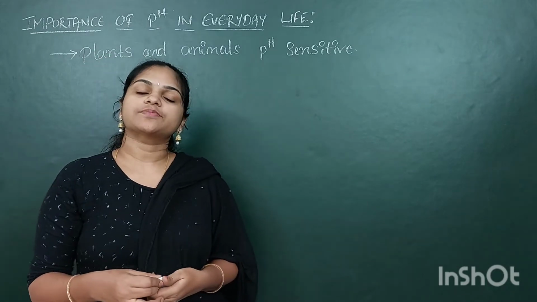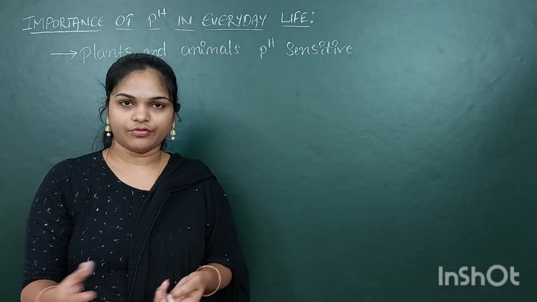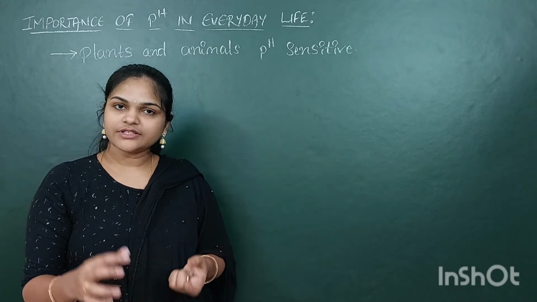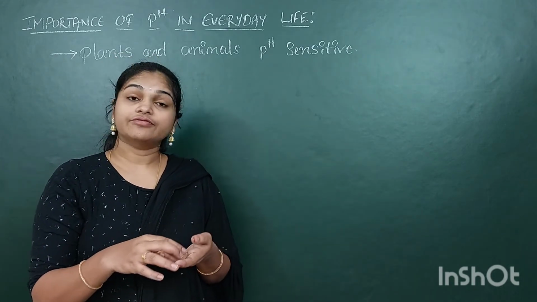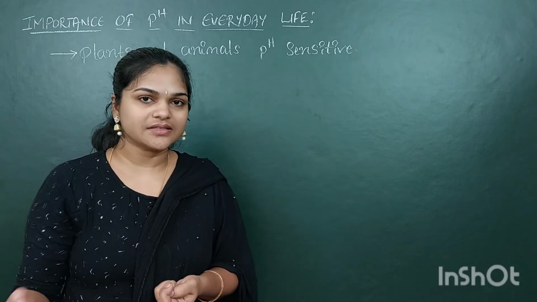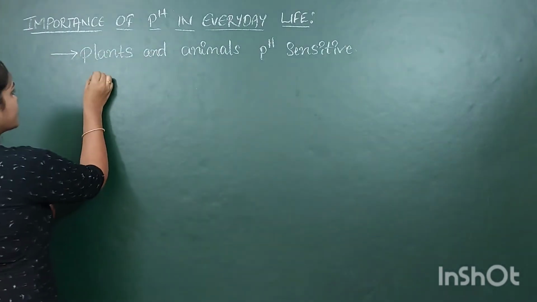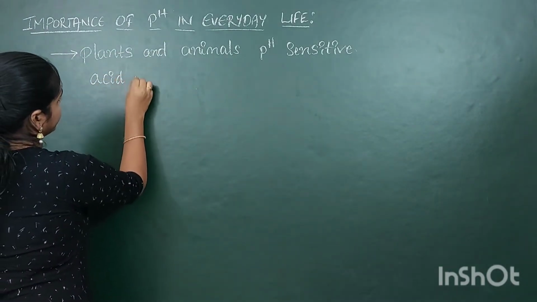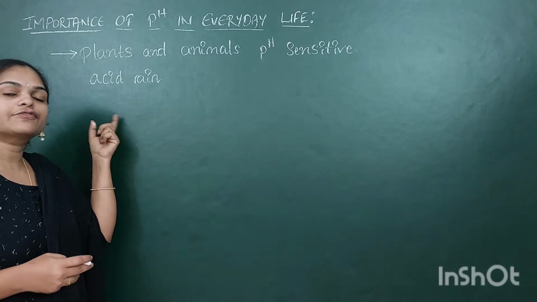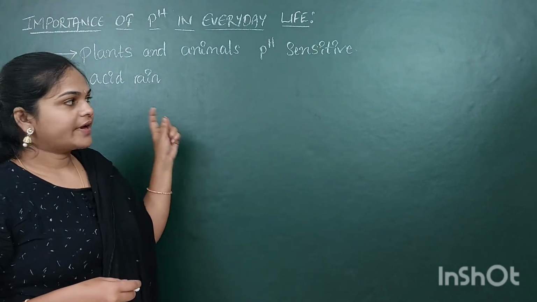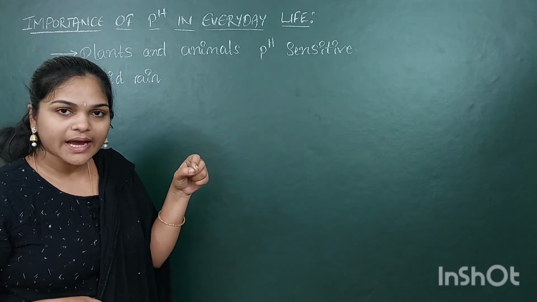Plants and animals being pH sensitive means, when we look at rainfall, if the rainfall's pH value decreases to less than 5.6, it causes acid rain. And if this acid rain water flows into the river, what happens?